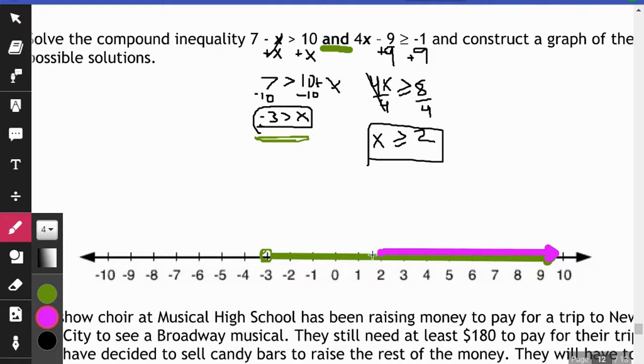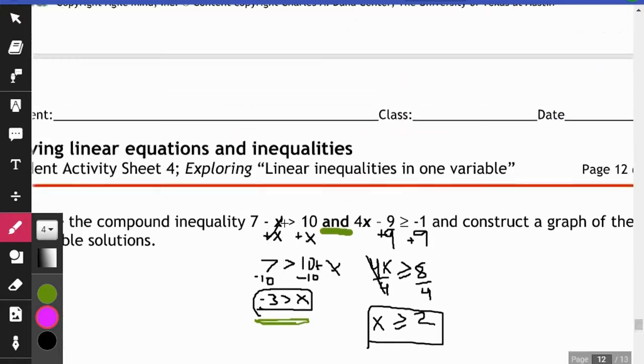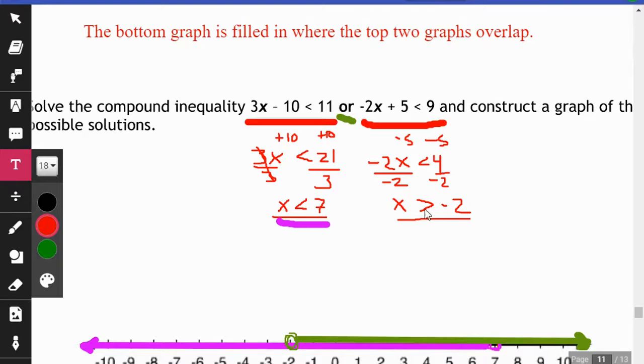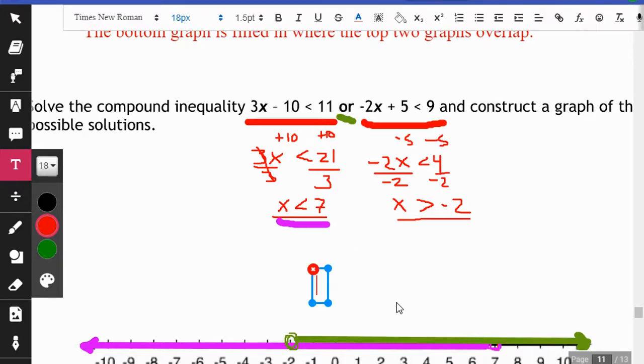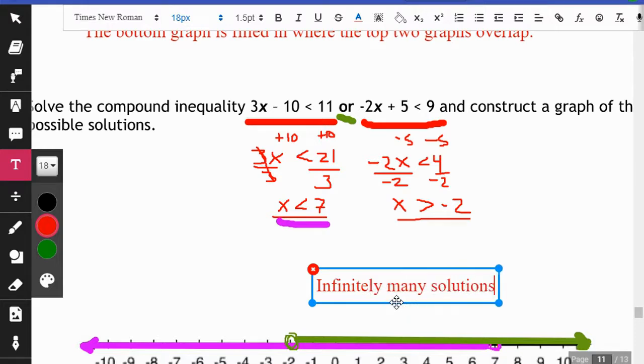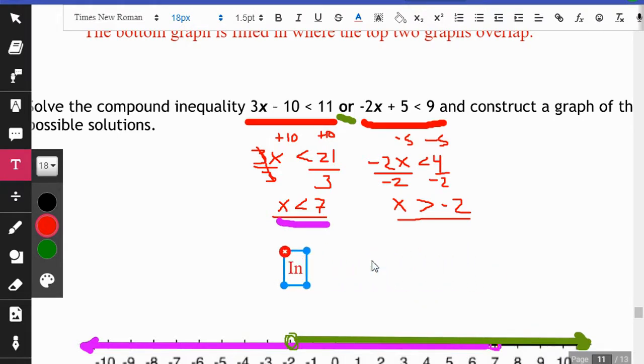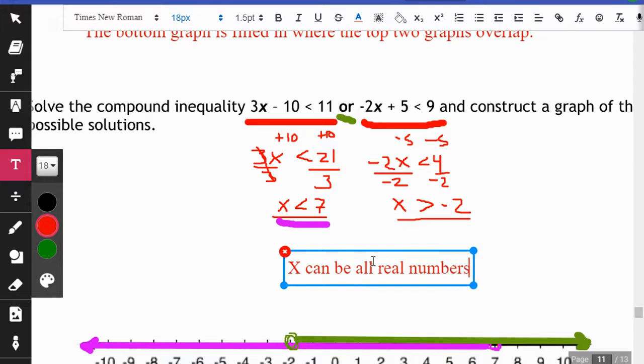So when we say "and," we're looking for where they overlap. Right? So this one up here, the actual solution, x is this or that, has infinitely many solutions. Why? Because x could be any number. Or you could even say x can be all real numbers.